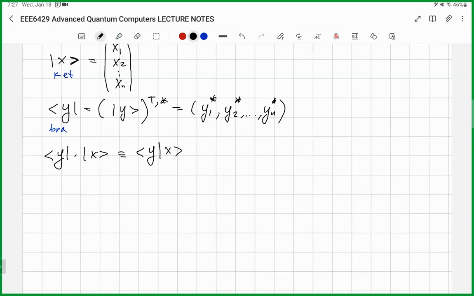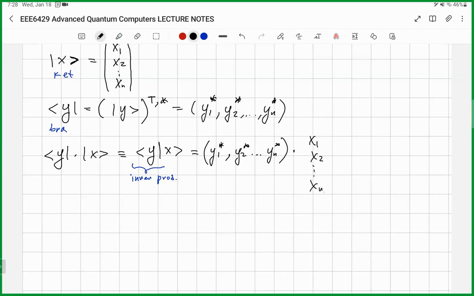So this is the inner product of two vectors, and the first vector is the bra, which is the string of components y1 conjugated, y2 conjugated, etc., yn conjugated, and then the column x1 for the ket, x2, etc., xn.